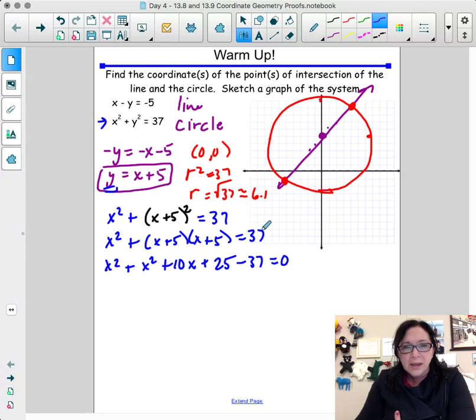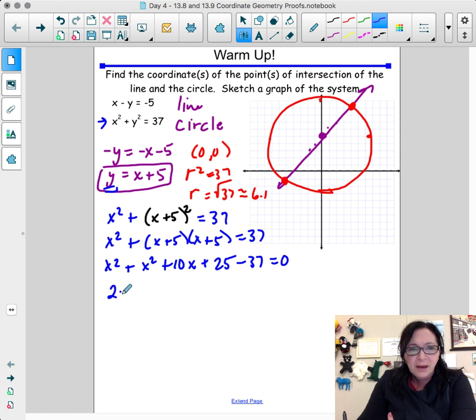The reason why I moved this 37 to the other side is because I noticed that my graph is quadratic. And if my graph is quadratic, you do want to set it equal to 0 so you can either factor or use your quadratic formula to solve. So right now I have 2x squared plus 10x. And 25 minus 37, what is that? That's 12.